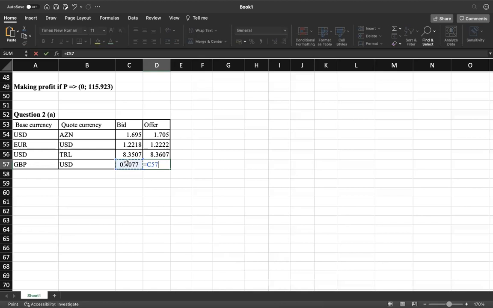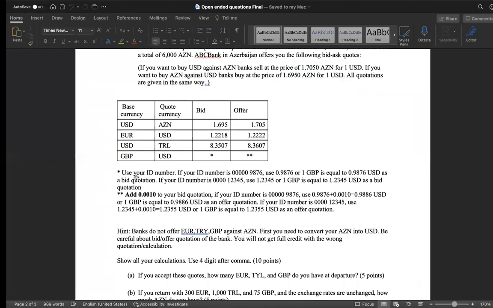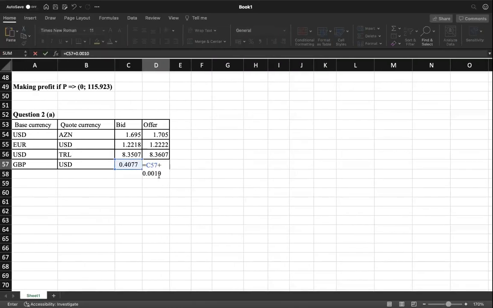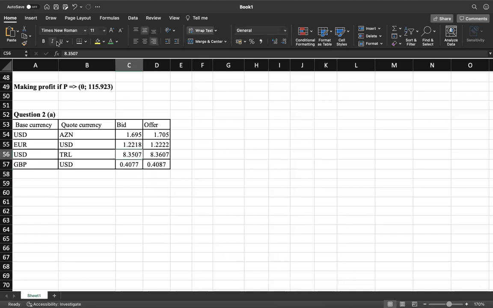And I am adding to the bid rate 0.0010. Okay, the offer price is more than the bid price. It is always the case.